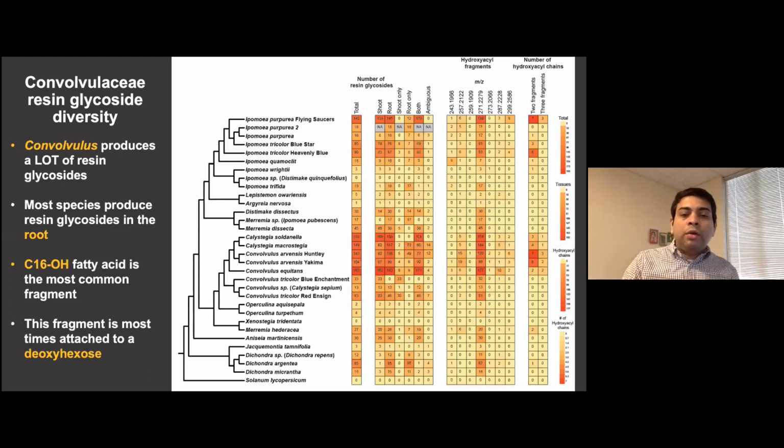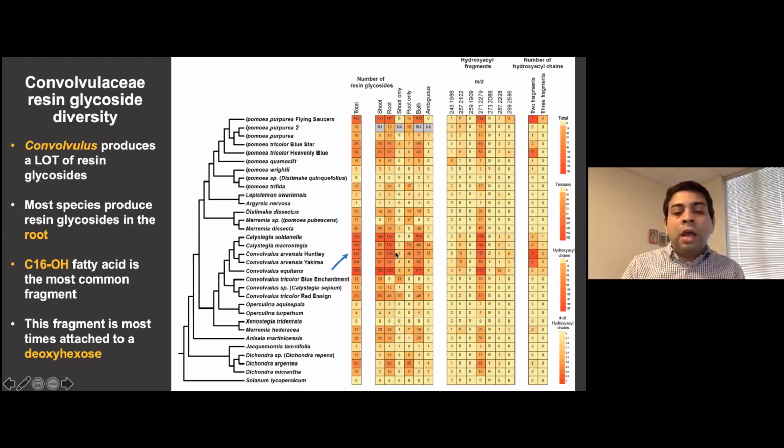We looked at about 30 different species of the Convolvulaceae family, and looked at root and leaf phenotypes, resin glycoside phenotypes, and the different acyl chain fragments, etc. So some of the striking patterns that we see is Convolvulus and Calystegia species here produce a lot of resin glycosides.